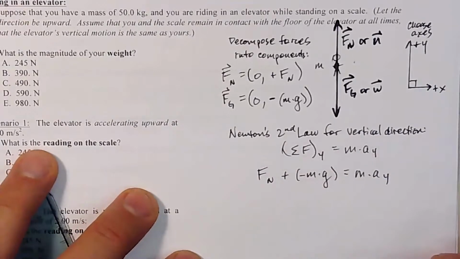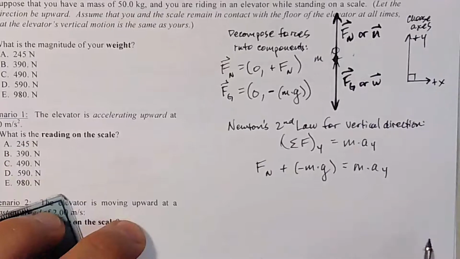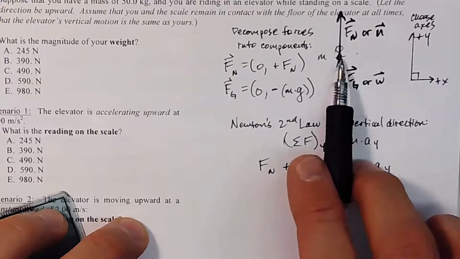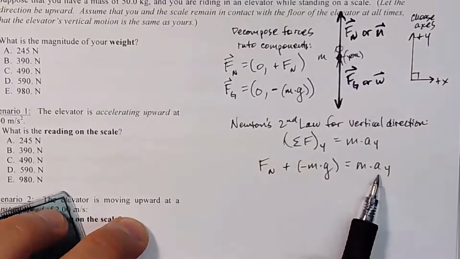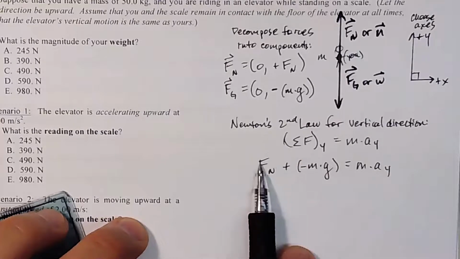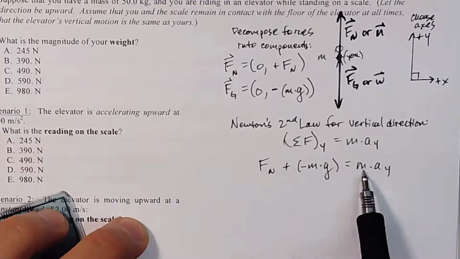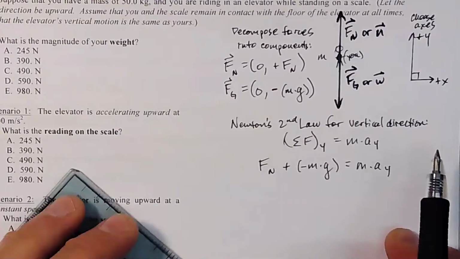That's it. Okay, that relates the acceleration of you, mass m, right? So this is you. The acceleration of you to the normal force from the floor. And everything else is constant. Your mass is constant and the value of little g is constant.